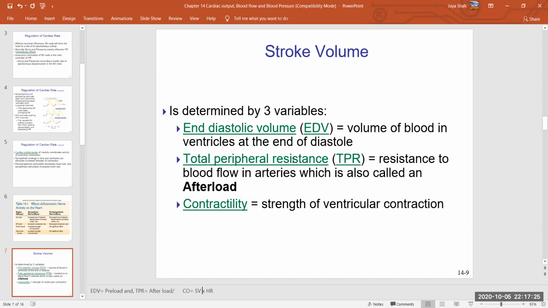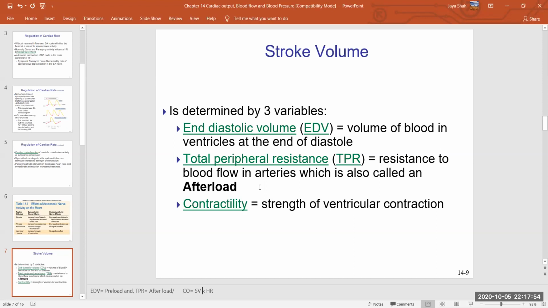Okay. Total peripheral resistance, TPR, is resistance to blood flow in arteries, which is also called an afterload. So when the heart contracts, it pumps blood against the resistance in your arteries, like aorta, other greater arteries, the resistance arteries. Okay.